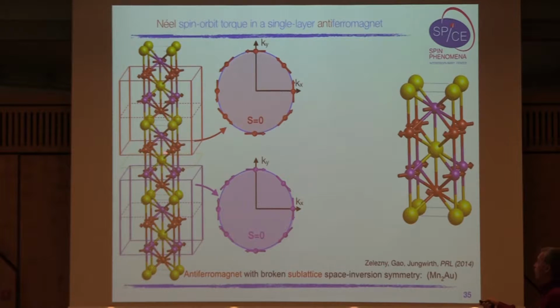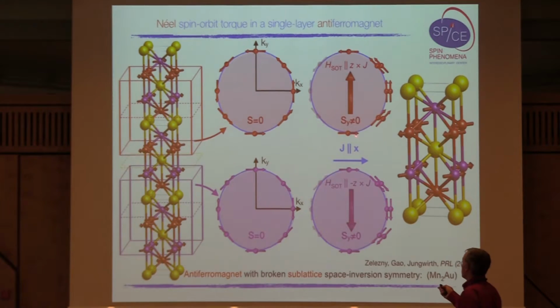So by running a current, the sublattice of the red and the sublattice of the blue component will have opposite signs, as I will show you.